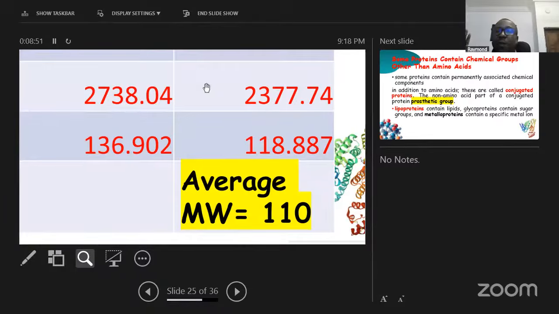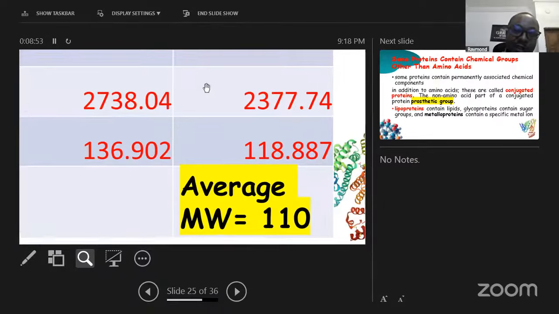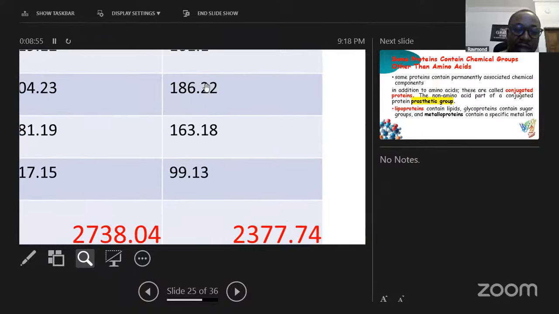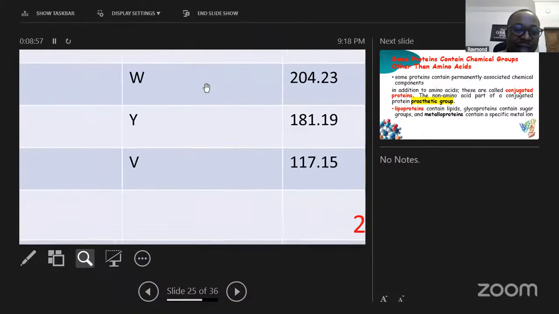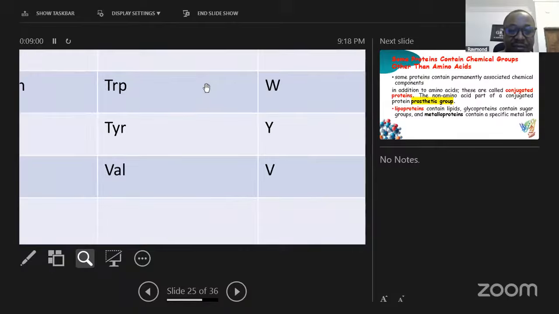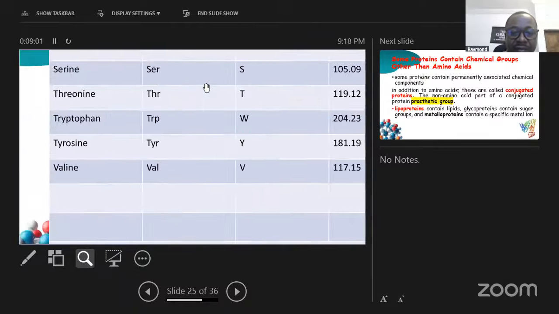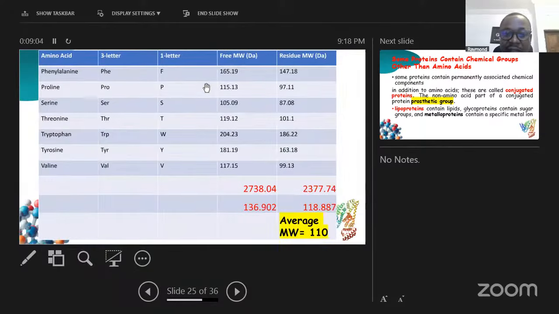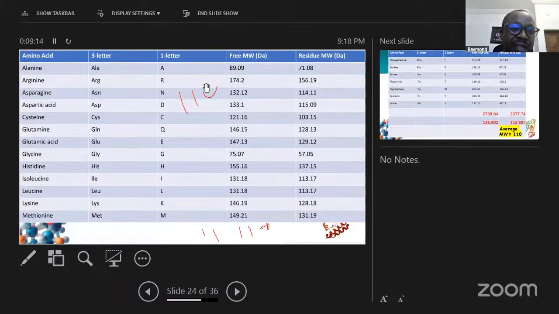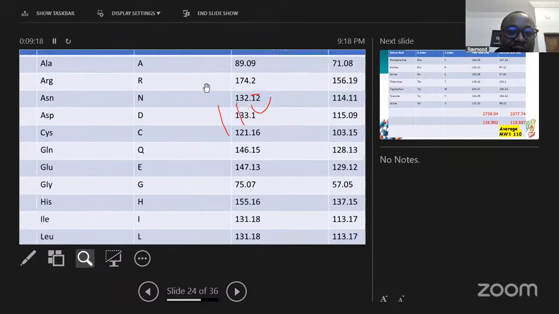If you check those smaller molecular weight amino acids, you can see 99 will be valine. Threonine is 101, serine is 89, proline is 97. Alanine is 71.